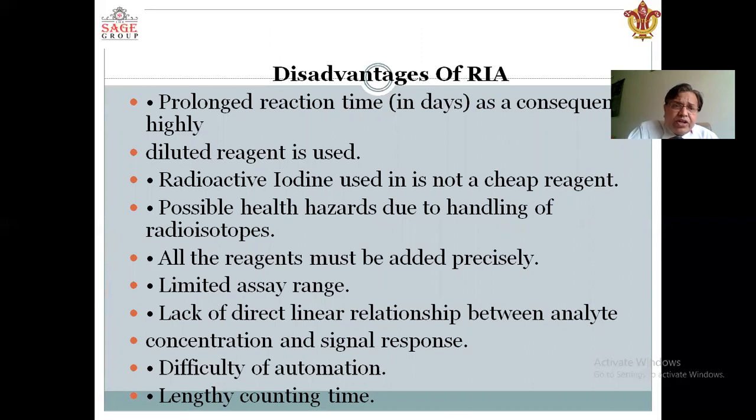Disadvantages of radioimmunoassay: prolonged reaction time, in days, as a consequence of highly diluted reagent being used. Radioactive iodine is not a cheap reagent; it is very expensive. Possible health hazard due to handling of radioisotope.